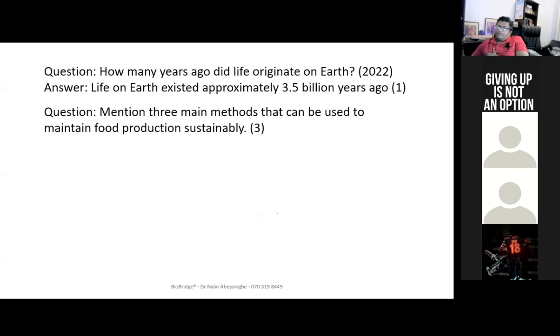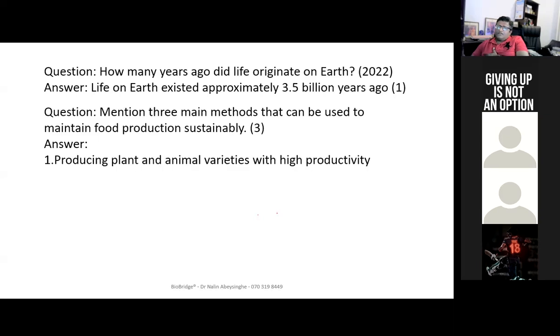So, producing plant and animal varieties with high productivity or high yielding capabilities.